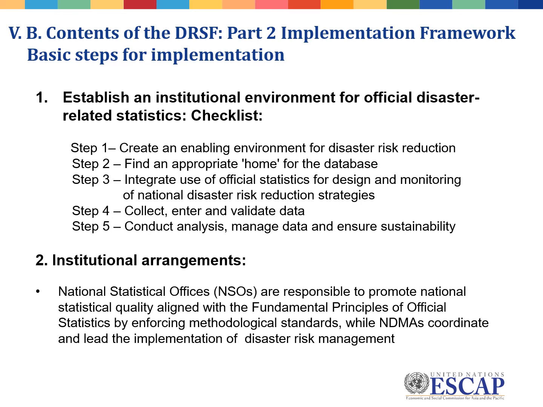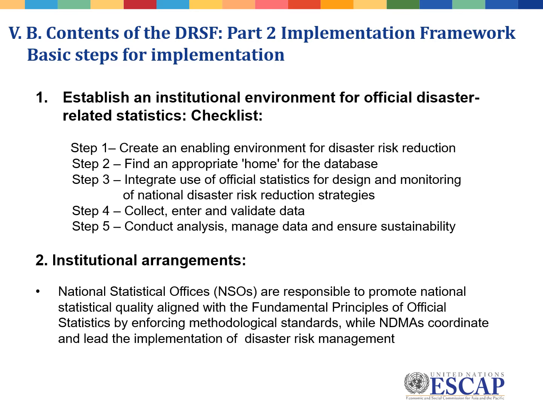The first one is establishing an institutional environment for official disaster-related statistics. In here we have 5 steps of the checklist, and these are outlined based on the common understanding of the fundamental principles of official statistics adopted by the UN General Assembly in 2014.